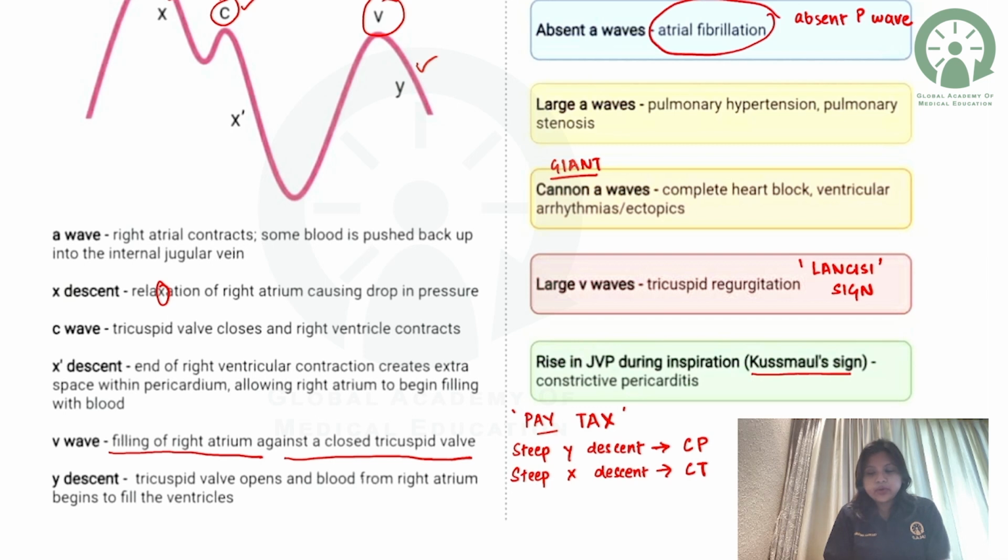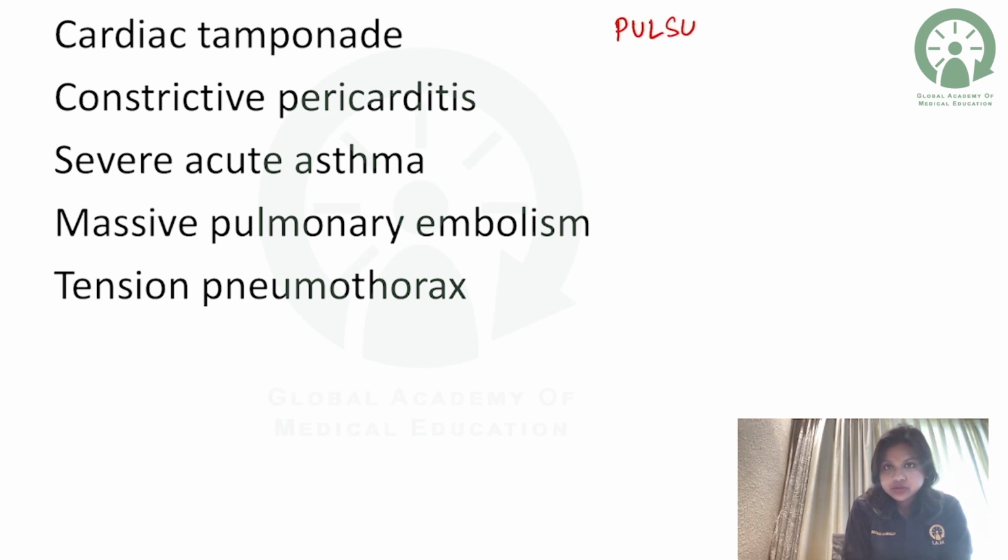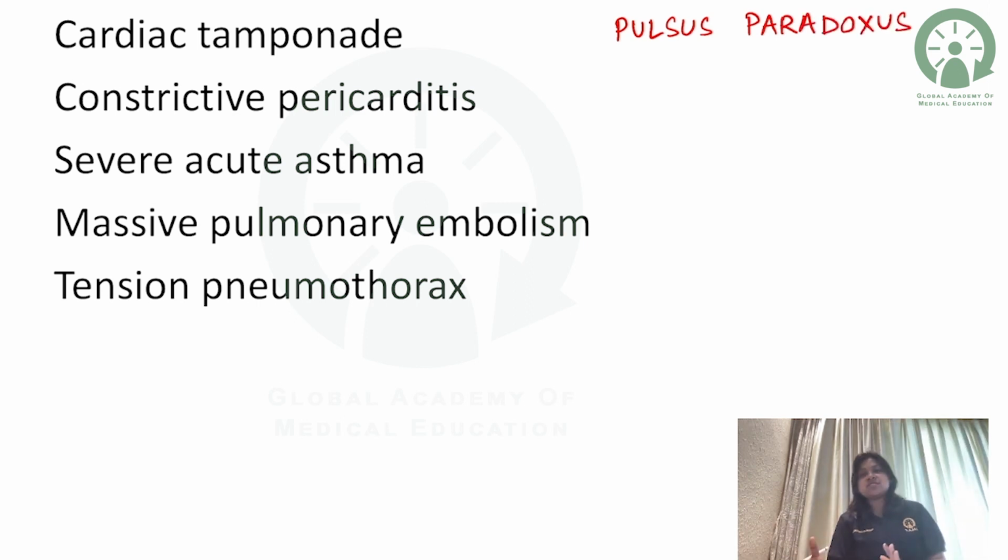Okay. Next we are going to do one very important pattern in case of pulse. So we're going to read about pulsus paradoxus. As the name suggests, there is something paradoxical in this pulse. What happens during inspiration?